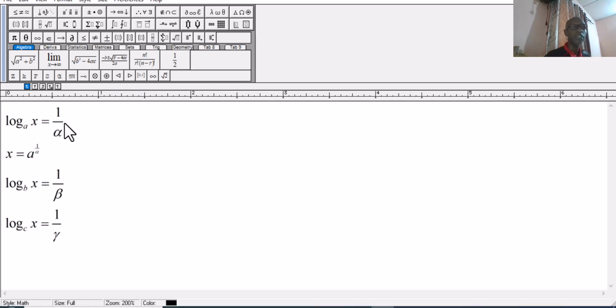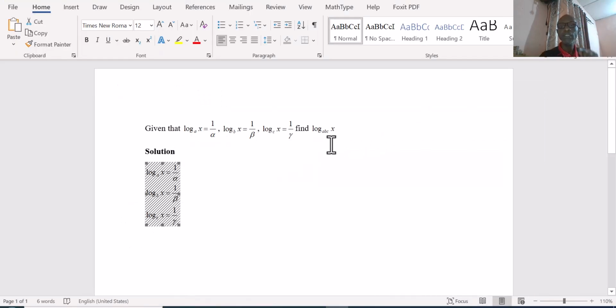That's index form, so we are converting it back to indices. Remember, the question says we should find log x to base abc, so we need to get the values for a, b, and c, and that's what we're going to do now.